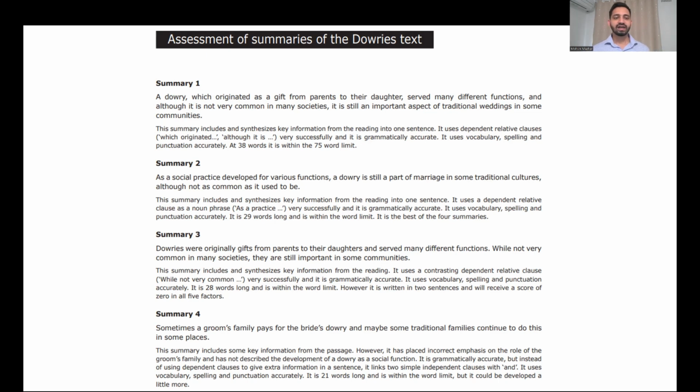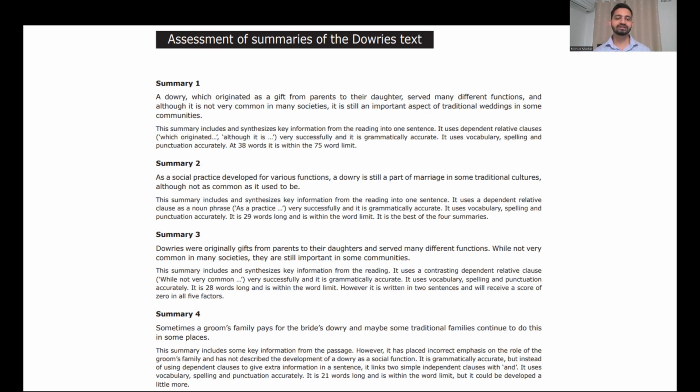Now, summary number 2: as a social practice developed for various functions, a dowry is still a part of marriage in some traditional cultures, although not as common as it used to be.